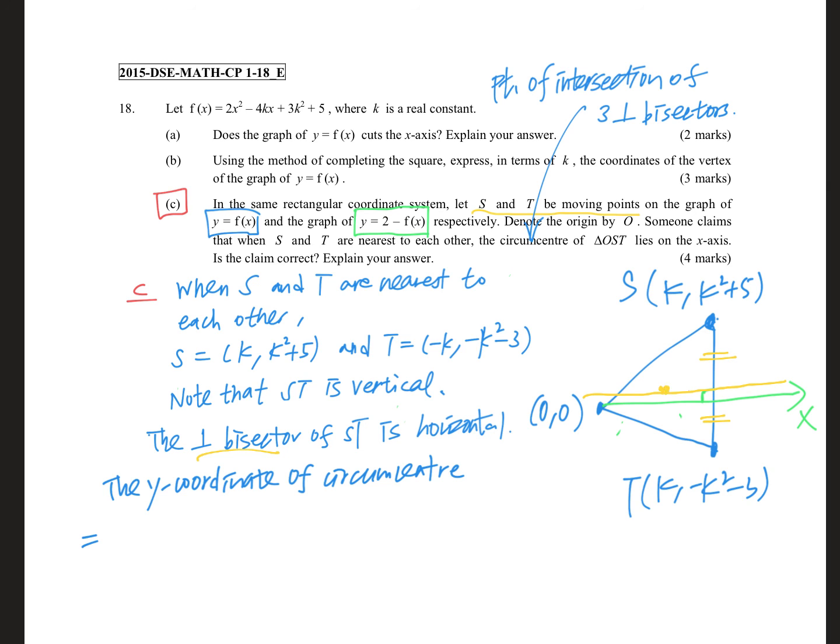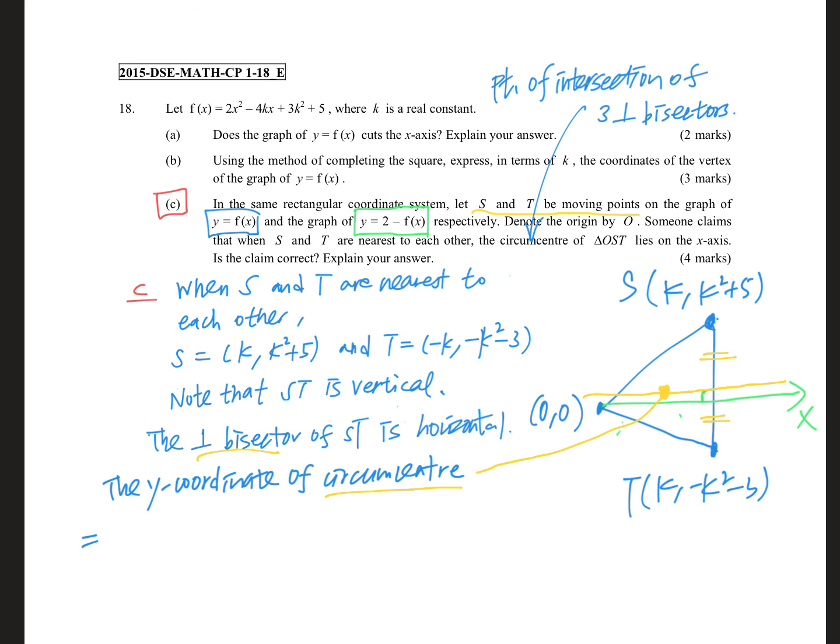The circumcenter is the point of intersection of all three perpendicular bisectors, so the circumcenter must lie on one of the perpendicular bisectors. So we try to find the circumcenter, in particular, we look at the y coordinate.